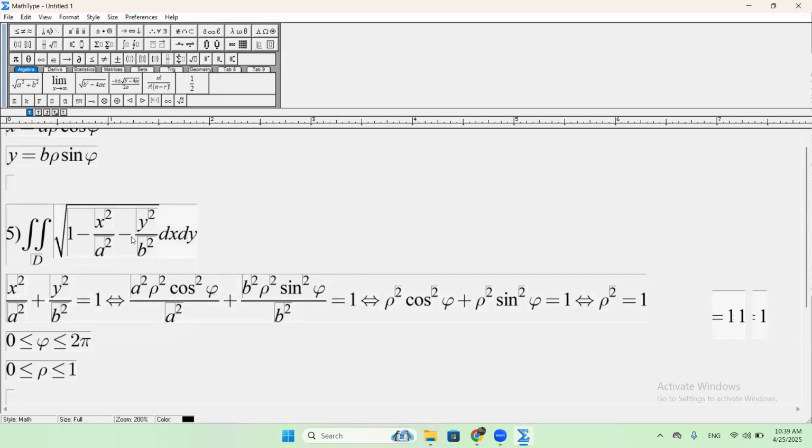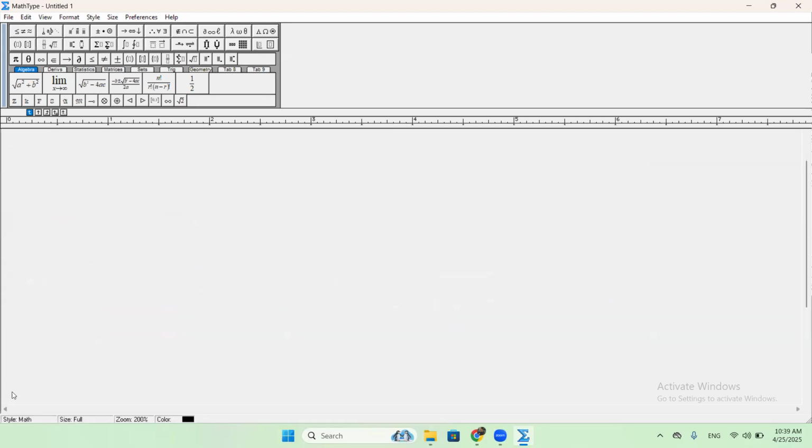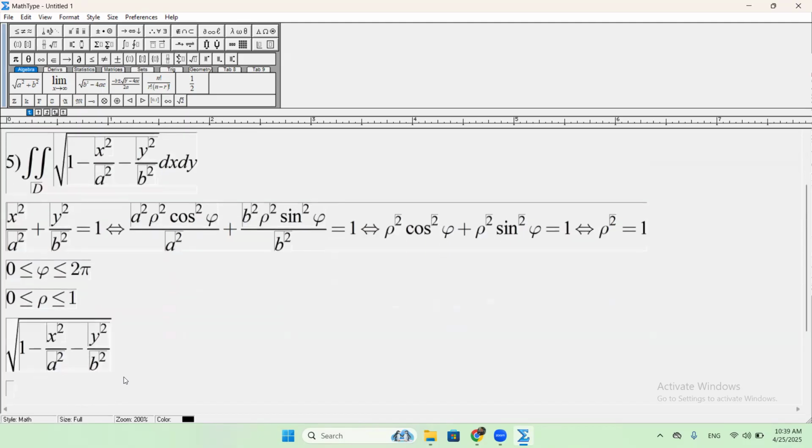And what about this expression? It will be equal to 1 minus rho square.